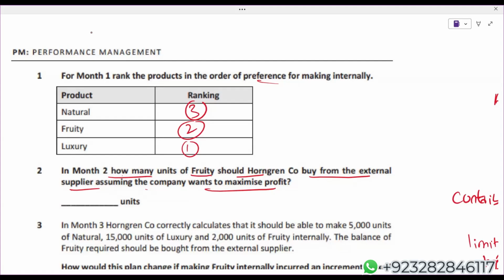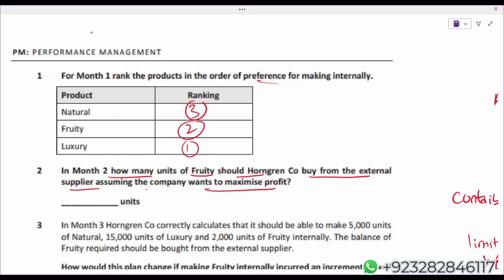First of all, logically, we have to see what is the buying price and what is our variable making cost. Normally what happens, your variable making cost will be lower than the buying price. So we will be first calculating saving per unit when we are making it internally.